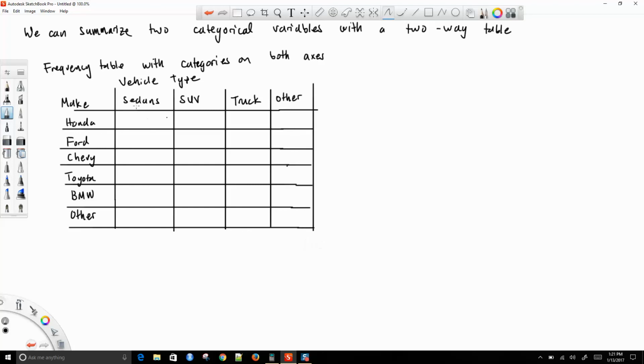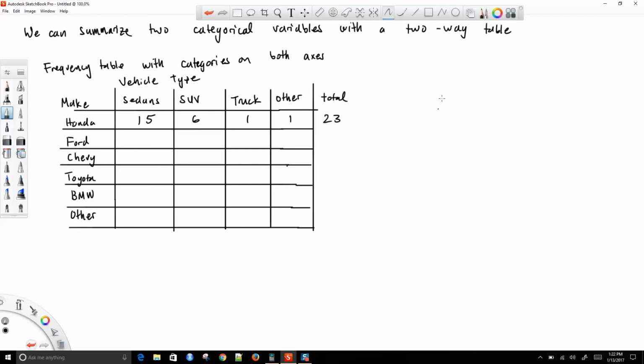And then you just populate this, right? So I don't remember what numbers I had, but we'll just say 15 Honda sedans and 6 SUVs, 1 truck, and 1 other vehicle type, and this is 23 for a total or something like that.